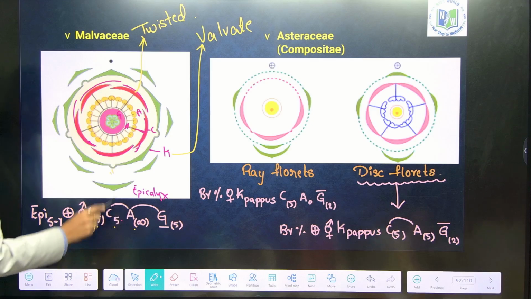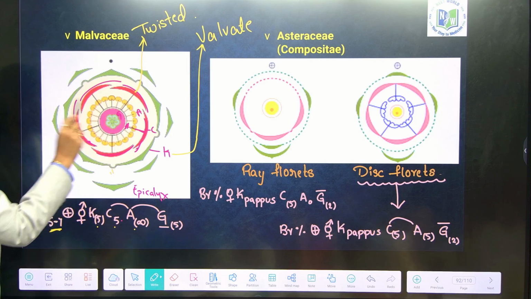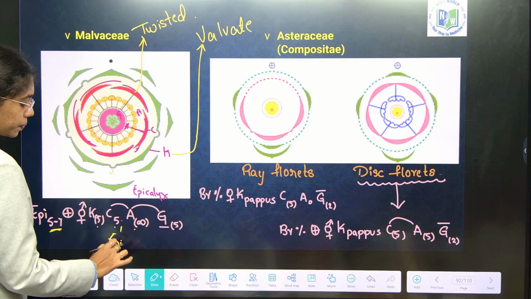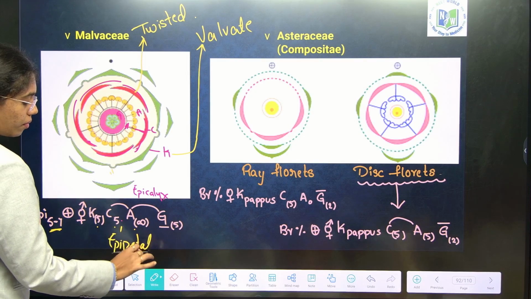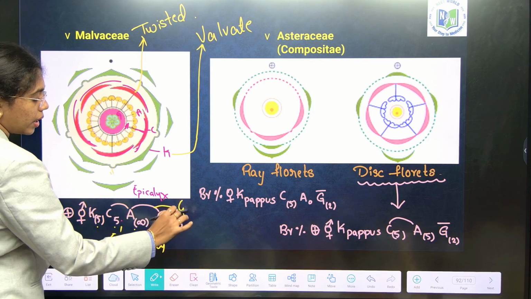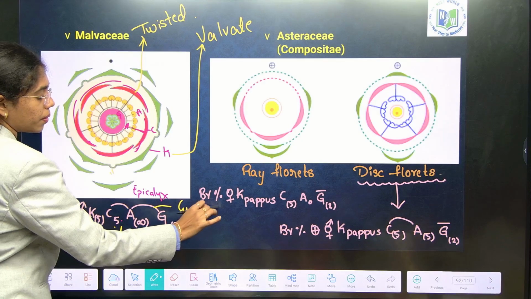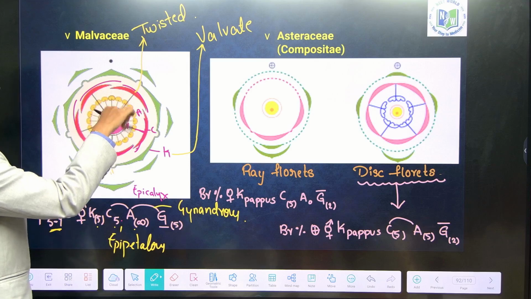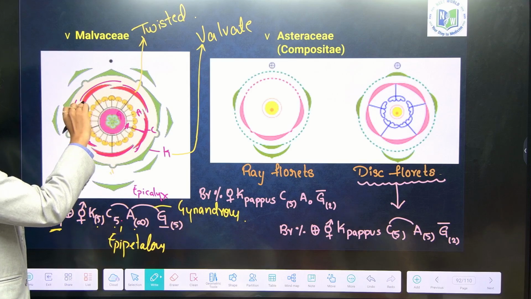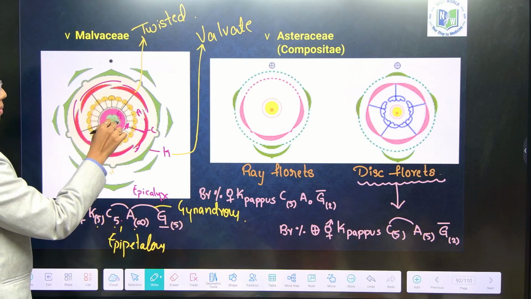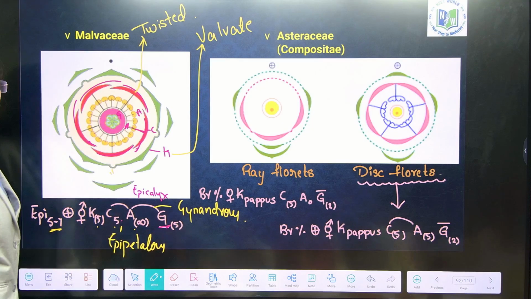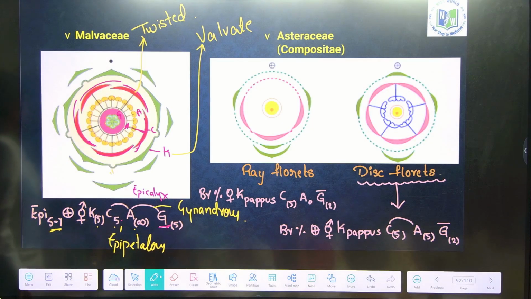It is showing both epipetalous condition and gynandrous condition. Both epipetalous and gynandrous. Okay. And you can see infinite androecium, infinite stamens are present. Gynoecium is pentacarpellary, 5 carpels are present with superior ovary. Clear with Malvaceae? Everybody? Any doubts anywhere?